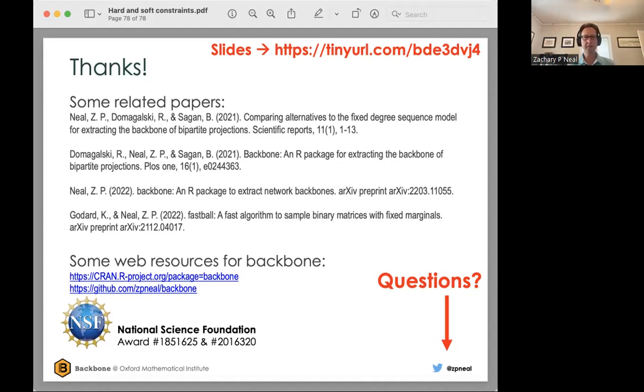In the first paper on screen, the Scientific Reports paper, we actually compare several other models to the hard constraint model. It's possible to exactly compute p-values. The distributions are known if we only fix the row degrees exactly, or only fix the column degrees exactly, or only fix the total fill rate exactly.